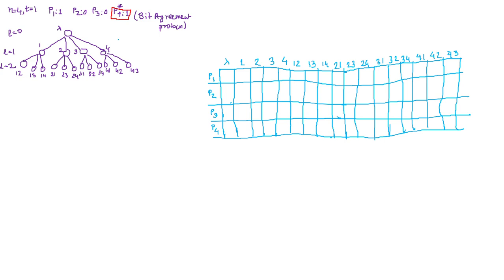So I wrote this because each of the parties has these node labels in its local EIG tree, and it will gradually allocate the values there.